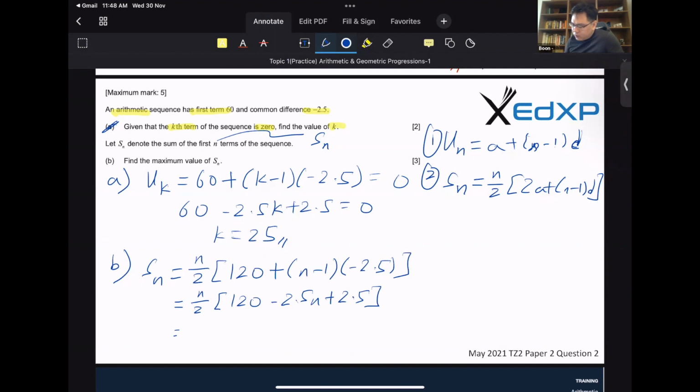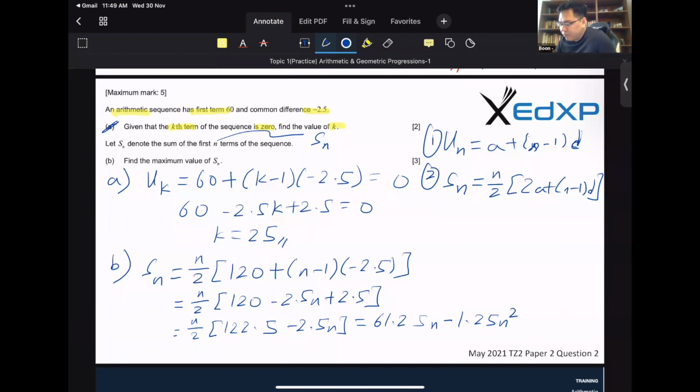Okay, we can simplify this. So we have n over 2 times (122.5 minus 2.5n). And this simplifies, we can use our calculator. So this will be 61.25n minus 1.25n squared. And we have a quadratic.